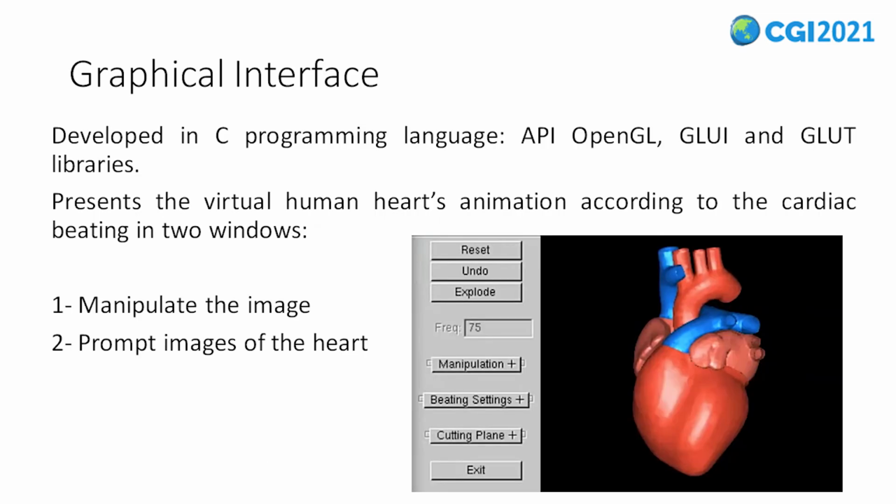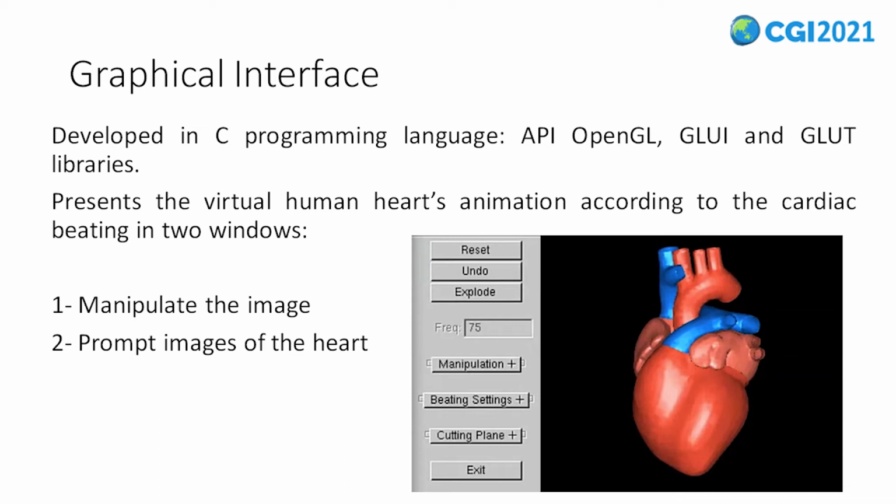The graphical environment, developed in C programming language and using API OpenGL, GLUI, and GLUT libraries, presents the virtual human heart's animation according to the cardiac beating. The heart simulations and interactions obtained with the interface represent the practical results of the present work.